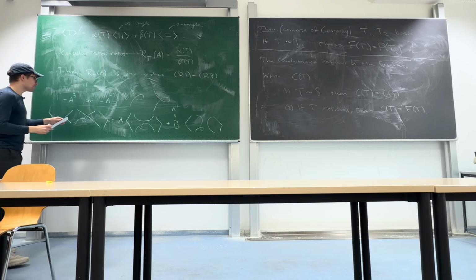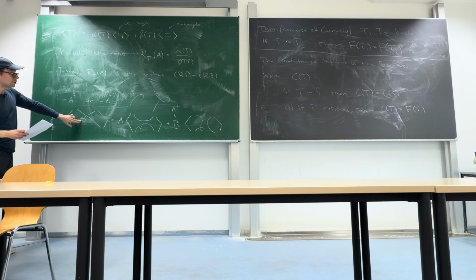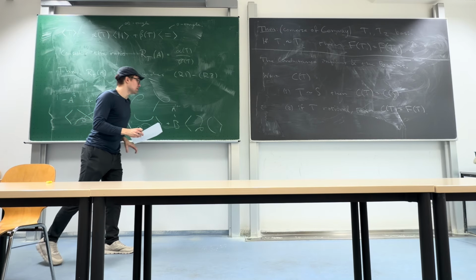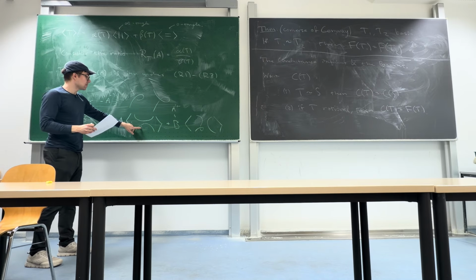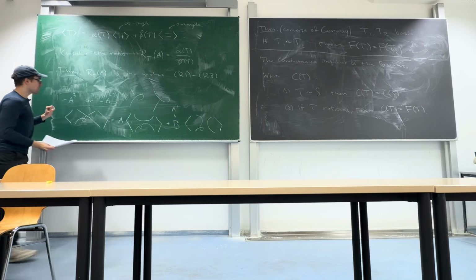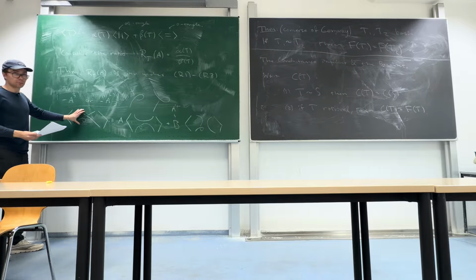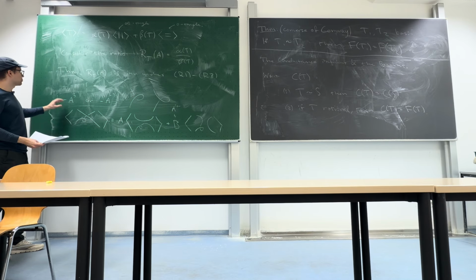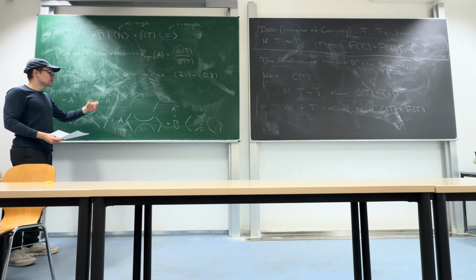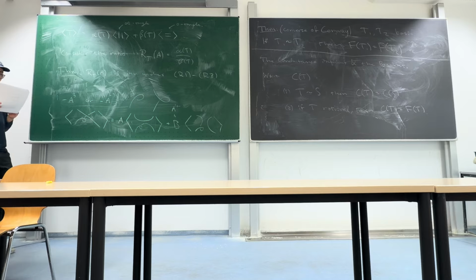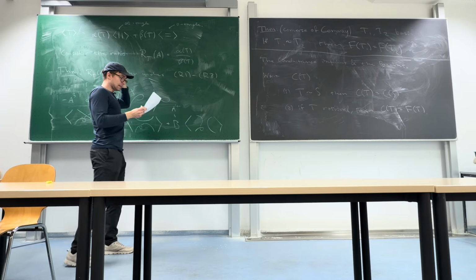What we see is that we have a loop that gets carried onto both components of the resolution. When we apply the first Reidemeister move to both of these, or if we apply it to this one and then compute this expansion, we're going to get the same thing. I don't remember if it's minus A cubed or minus A to the minus 3, but we're going to get the same factor in all of the places. This is the idea, and it shows that this is, in fact, an invariant, as claimed.